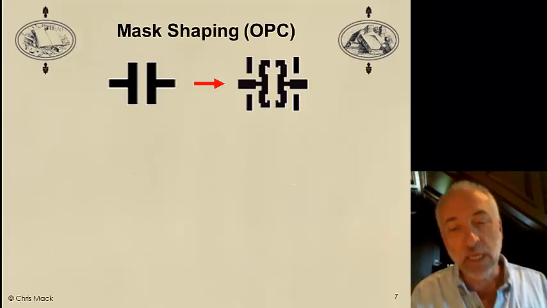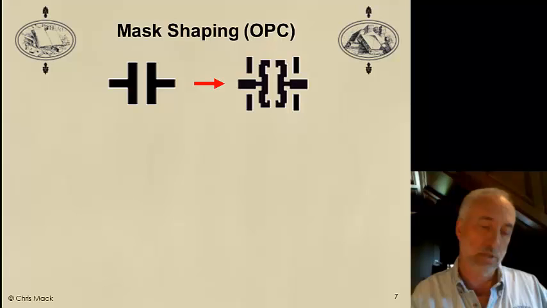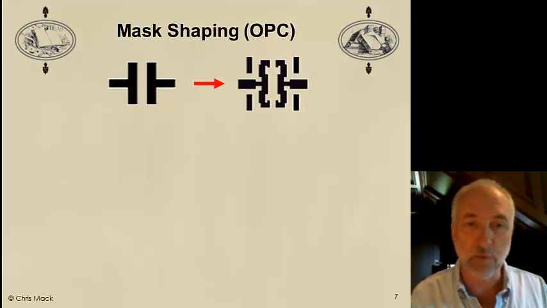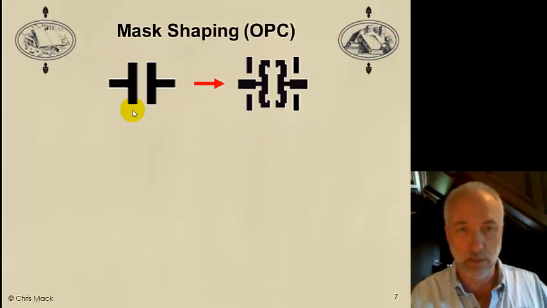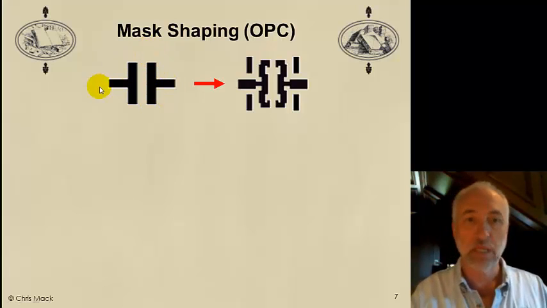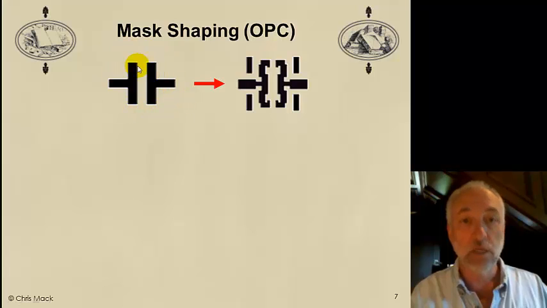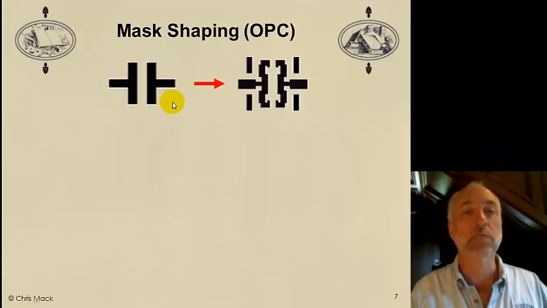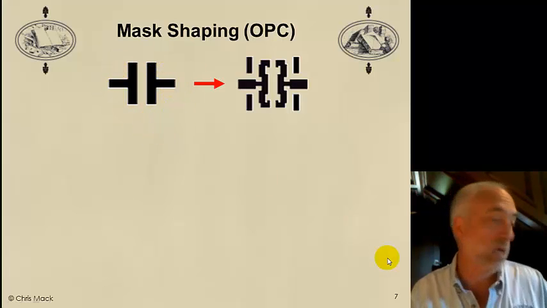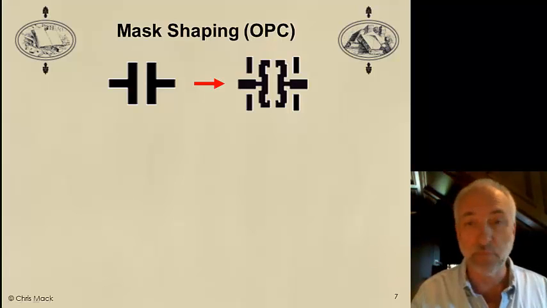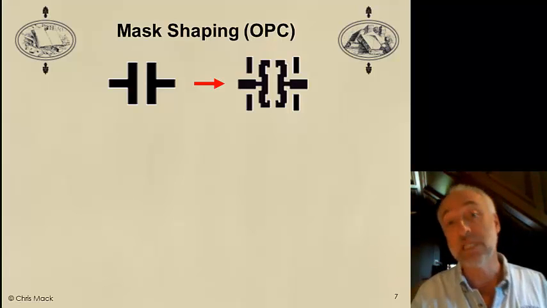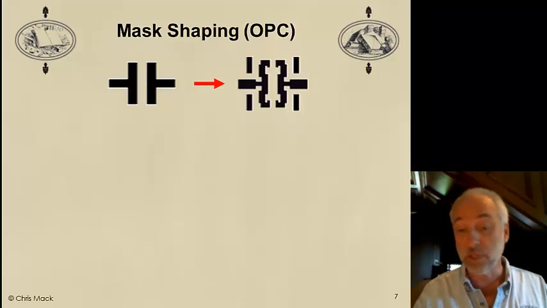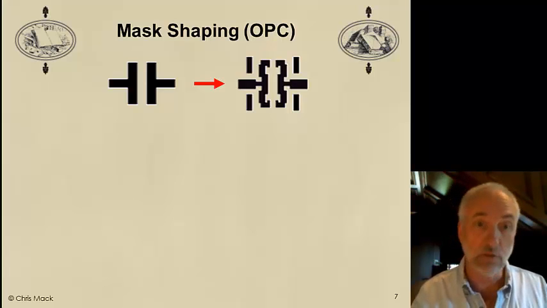So OPC can also be thought of as mask shaping. We have a pattern that we want to print, say these two T patterns that are next to each other. This is what we want to print on the wafer. So in general, if we thought of lithography as a what-you-see-is-what-you-get imaging process, we would stick these shapes on the mask and we would be done. We would print the best we can. But in fact, what you see is not what you get when we're pushing our features near their resolution limit.